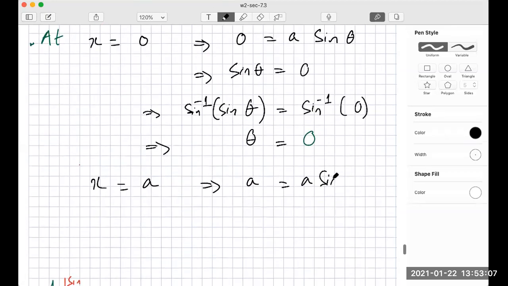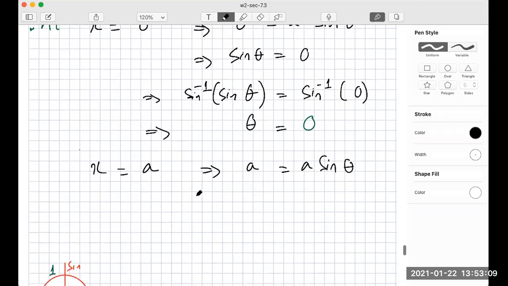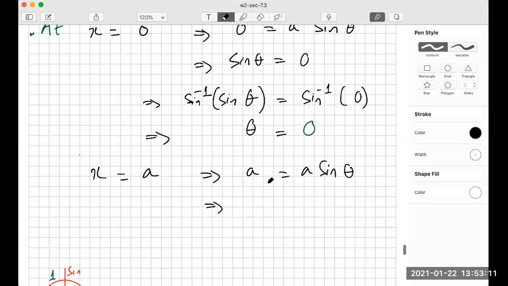Very good. Then, therefore, what should we do? Yeah, divide both sides by a. Therefore, 1 will be sine theta.